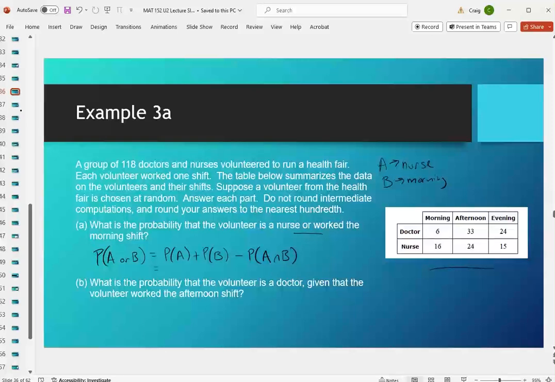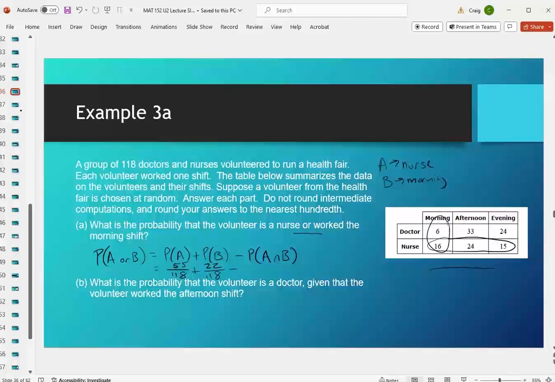The probability of choosing a nurse, 16 plus 24 plus 15. That's 55 out of 118. Okay, the probability of a morning shift. Here's the morning. That's 6. That's 22 over 118.